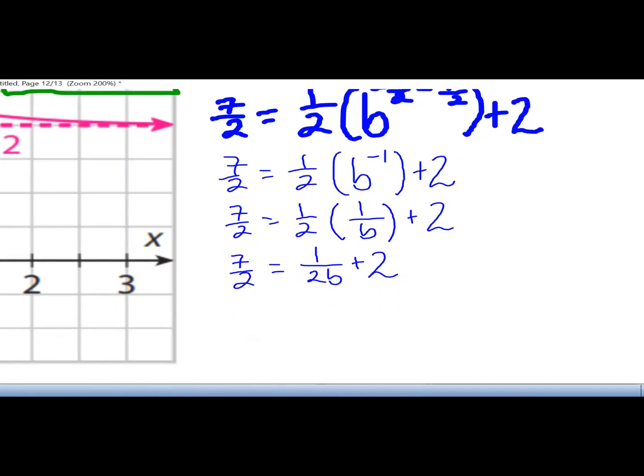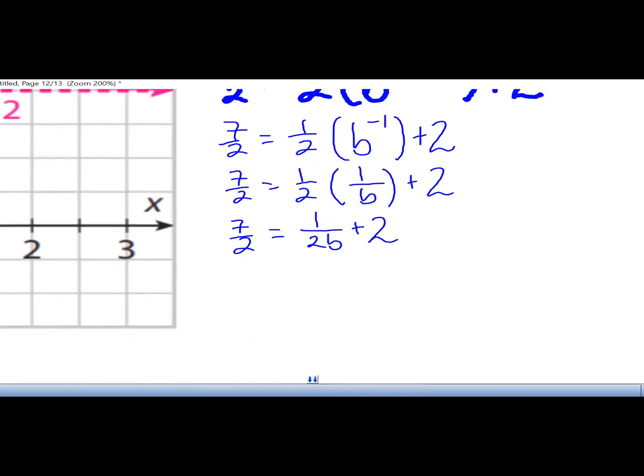All right, next, we need to solve for b, so I subtract 2, but this is a fraction, so what is 2 in fraction form? So we're going to subtract 4/2 from this positive 7/2, so this is 3/2 equals 1/2b.